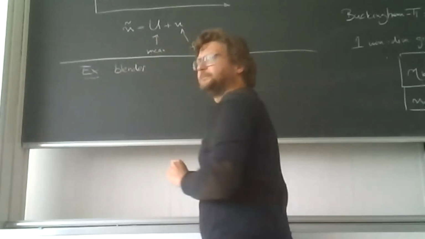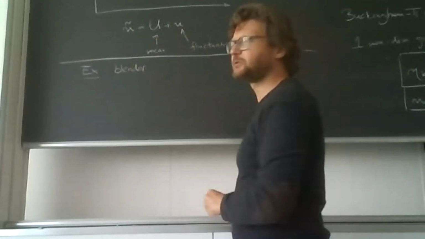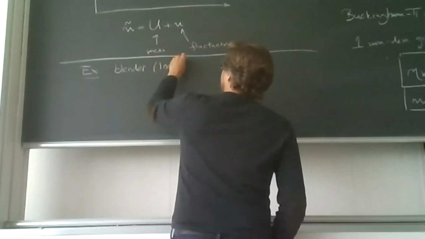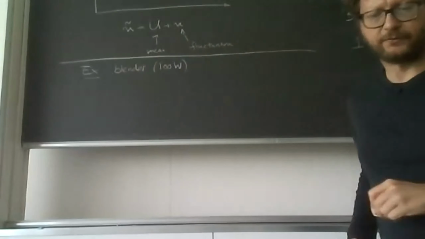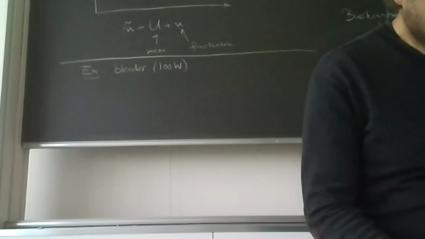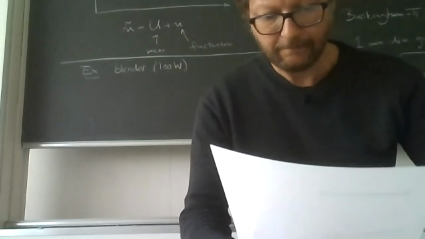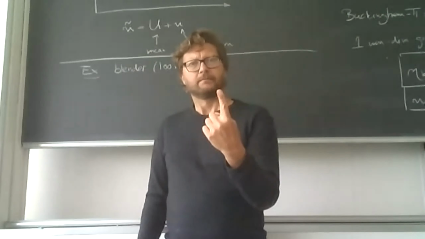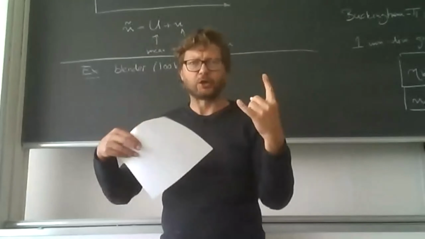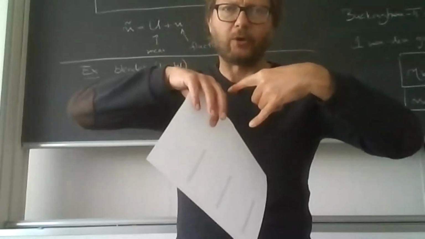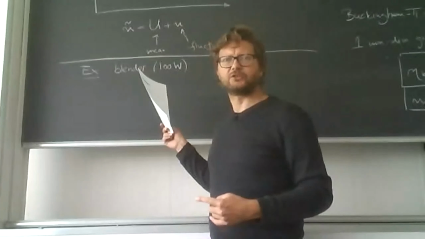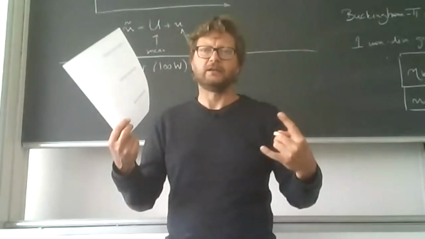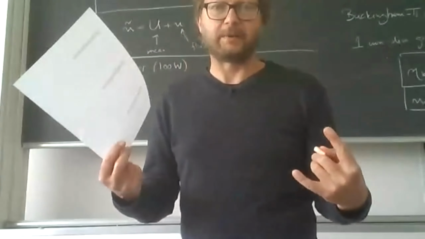We have a blender with 100 watts of power. And we assume that in this blender, when it's mixing, this mixing process generates turbulence, and all the energy that it puts in, all the 100 watts, is eventually dissipated into heat through turbulent dissipation.